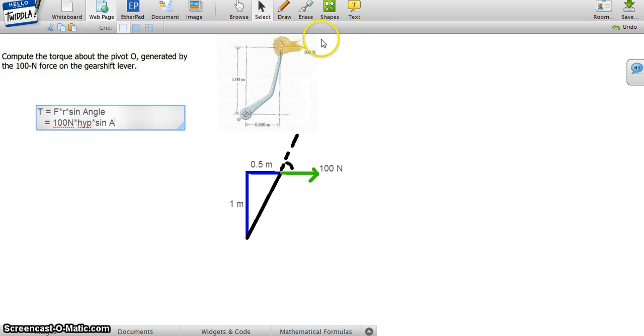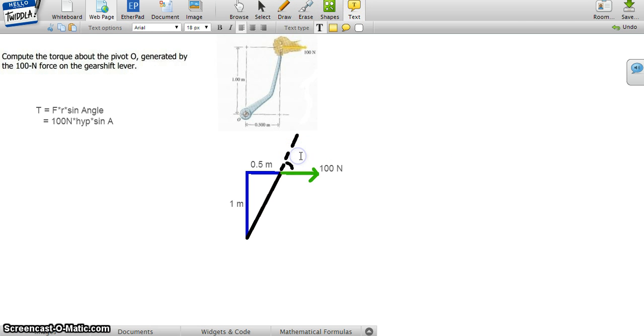I'm going to call it sine of A. I'm going to label this angle here A. Well, that angle there, A, is the same as this angle here. This is also A.